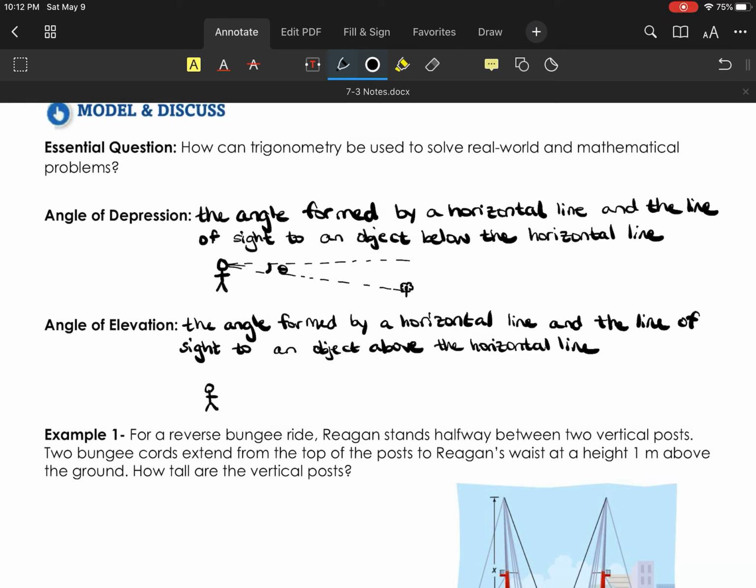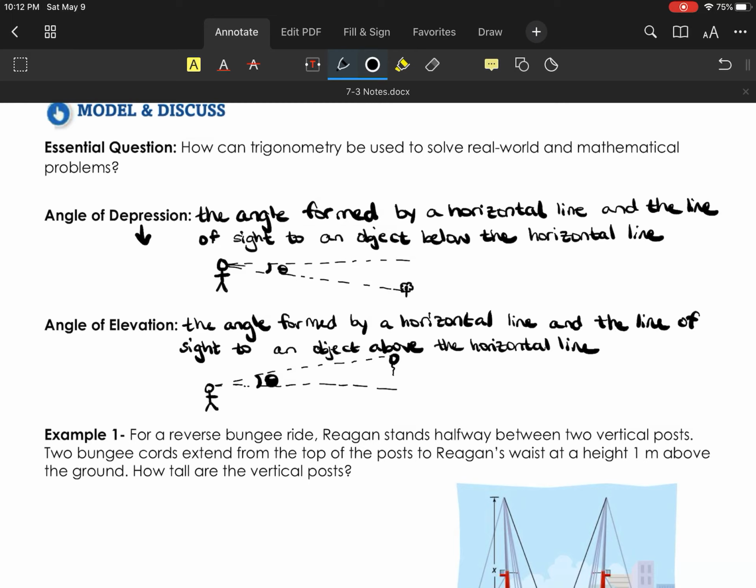So it's basically the same idea, just a little bit different in how it's played out. So let's say you have someone here. Here's the horizontal line that's parallel to the ground. And now let's say there's a balloon or something floating up there. So now this person's looking up at this balloon. And this angle that's looking up, that's what we call theta. That'd be your angle of elevation.